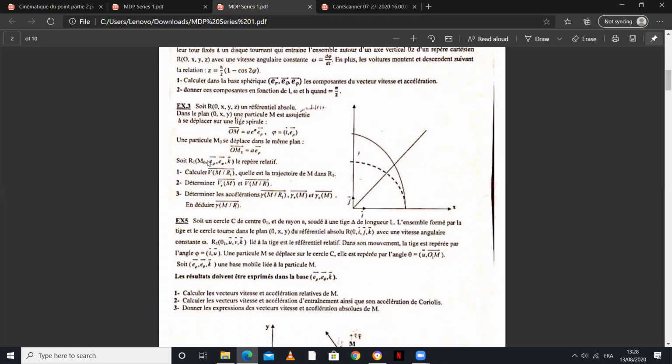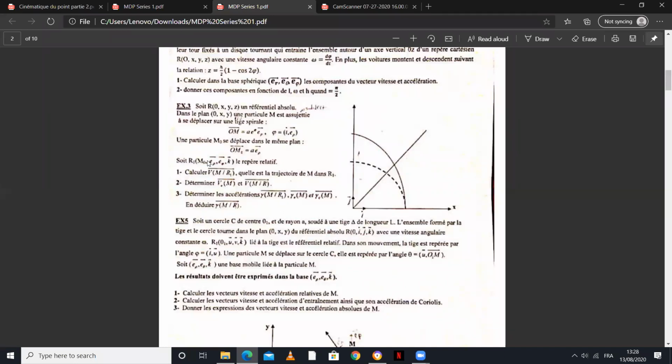So the vector position du point M dans le repère R1 is going to be M0M, not OM. OM is dans le repère R because O is the origin of the repère R. But since we are working in R1 this time, we're going to use the origin dans le repère R1. And the origin there is M0.